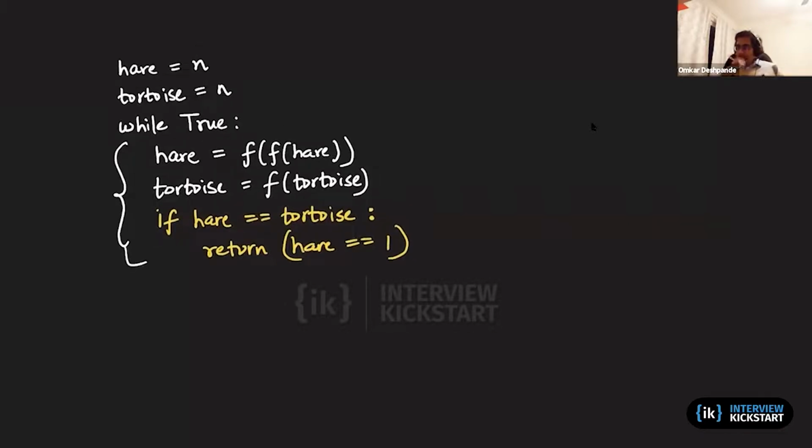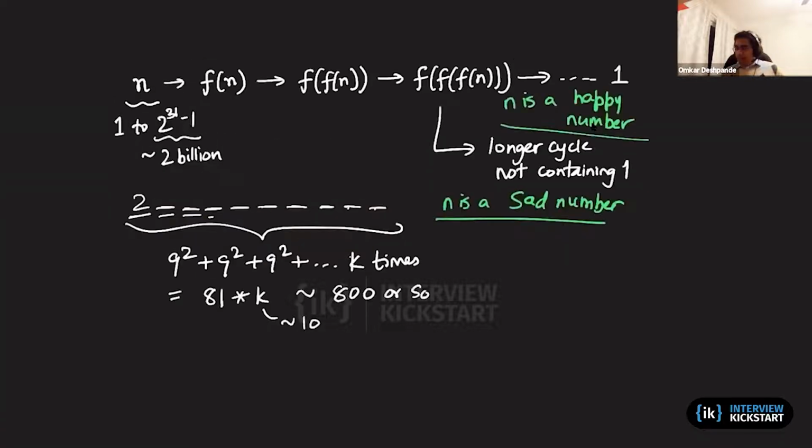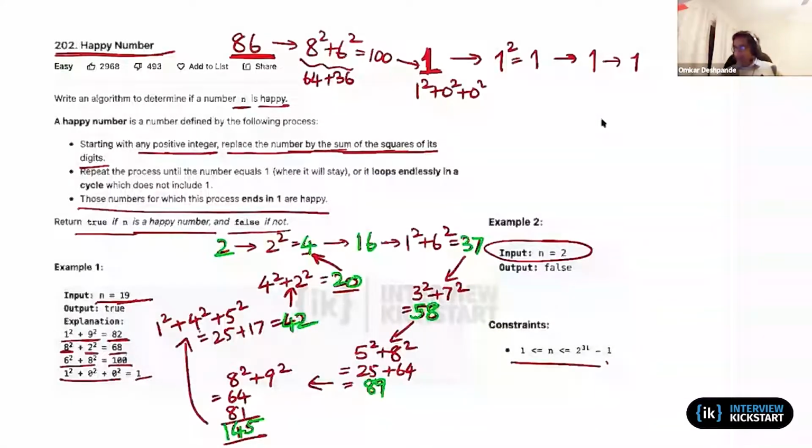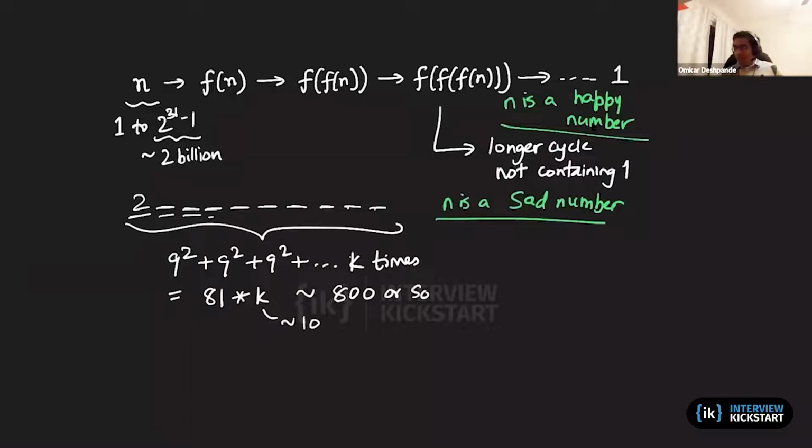So how much time does this take? Well, we saw that for any practical integer value, which can fit into, let's say, 9 or 10 digits in our number system, any cycle can't be of length more than 800 or so.